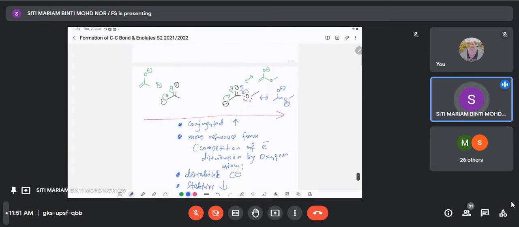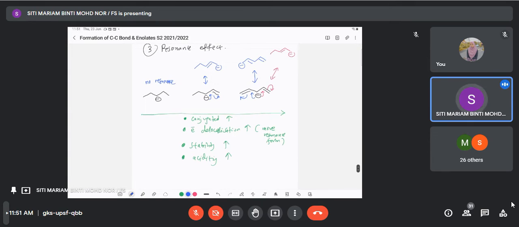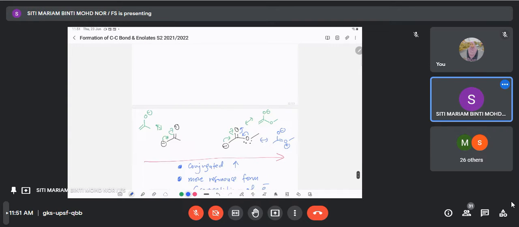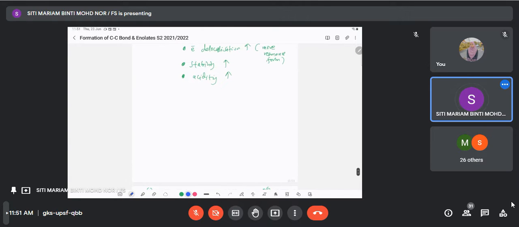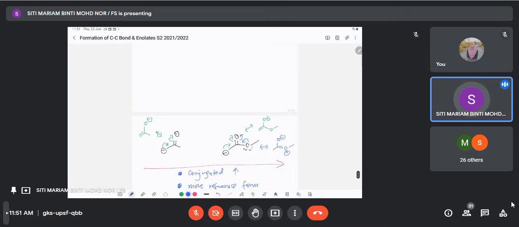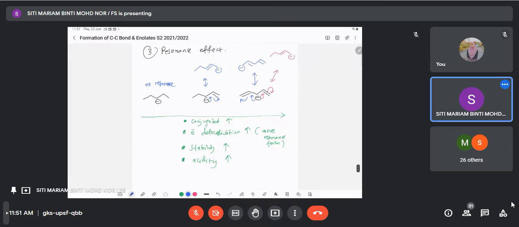You can compare. If I go back to here, what is the difference between this structure on your right and this one? Both have more resonance forms. But why is this structure down here less stable, and why is the structure up here more stable?